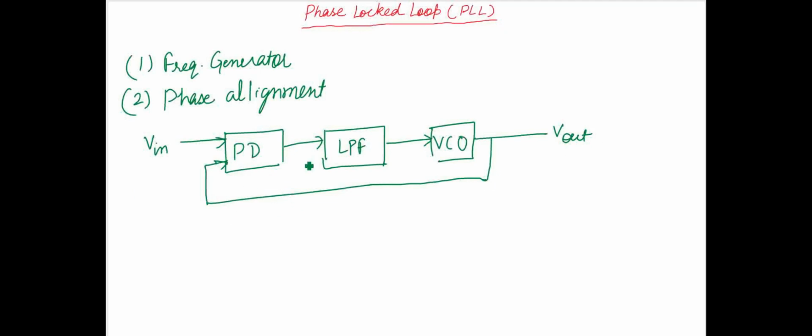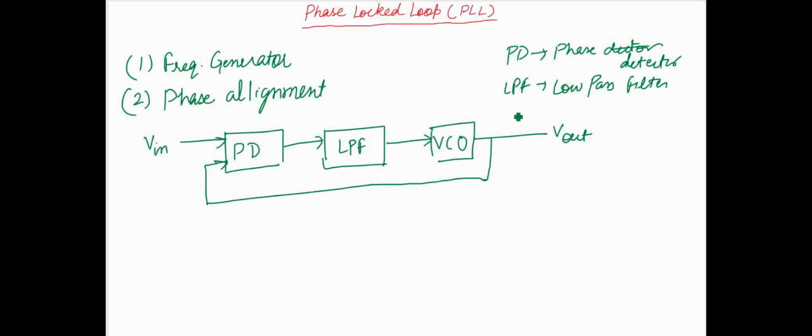So this is the block diagram of the PLL. What is PD? PD is nothing but phase detector, LPF is low pass filter, and VCO is voltage controlled oscillator.